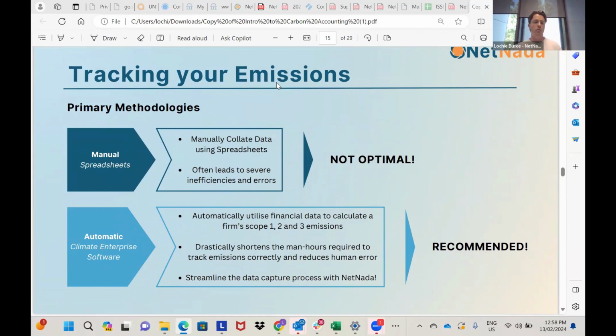So the big change that we've seen over the last few years from a carbon accounting perspective is businesses are moving away from the manual spreadsheet process. Of course, if you're looking to analyze companies with hundreds of millions of dollars of revenue a year, and hopefully less expenditure than their revenue, but similar figures in the expenditure, it's just not possible for people to manually go through all of that data.